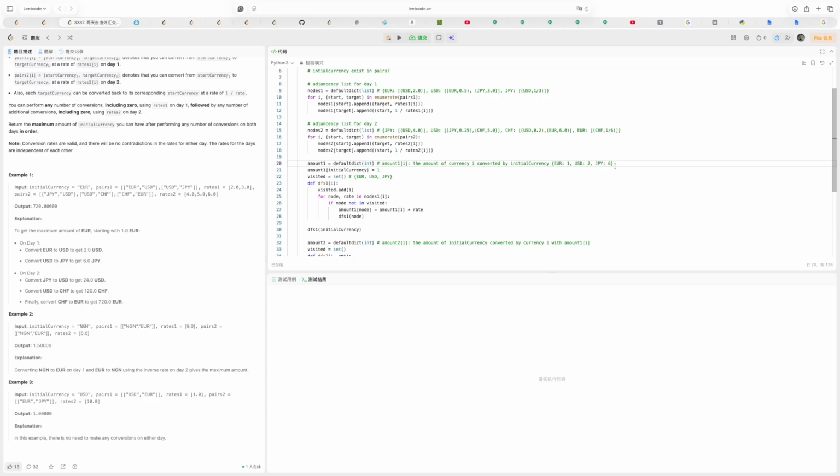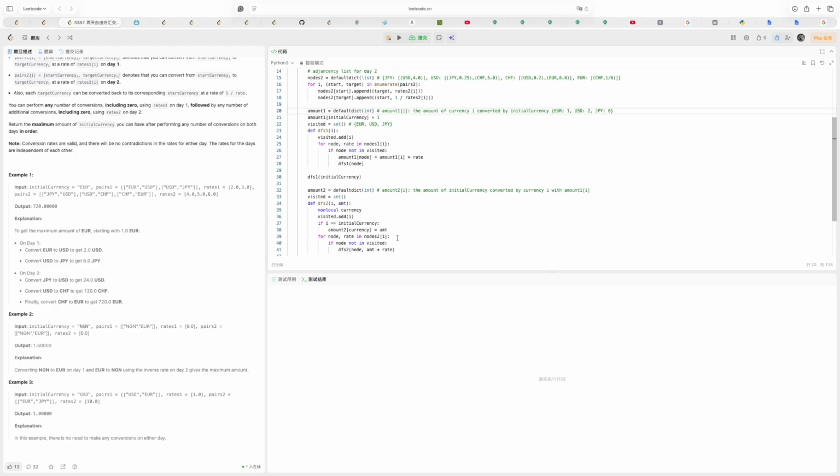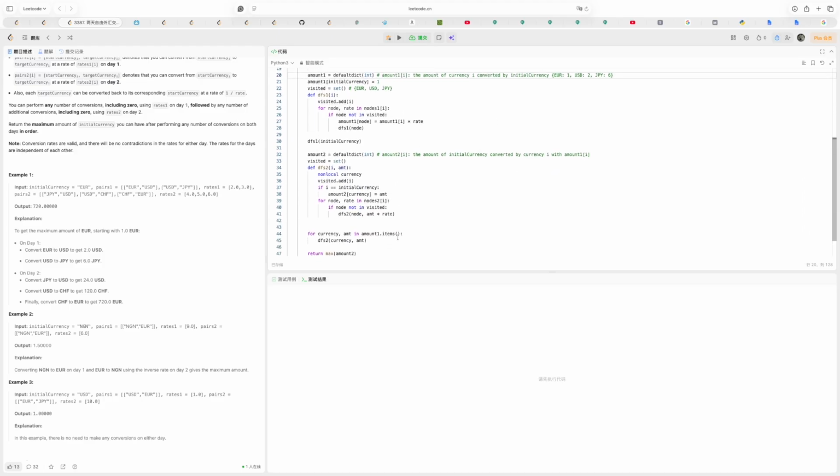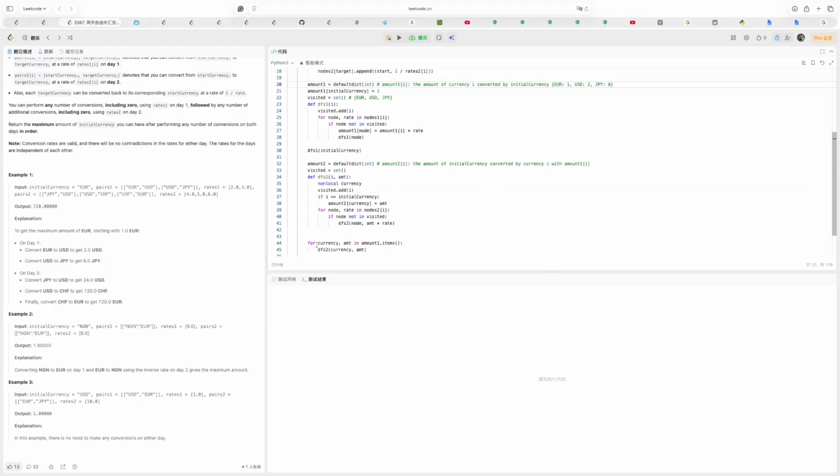So we got this amount 1 dictionary, and so let's turn to DFS 2. We will loop through this dictionary. The first one will be the currency euros with amount 1.